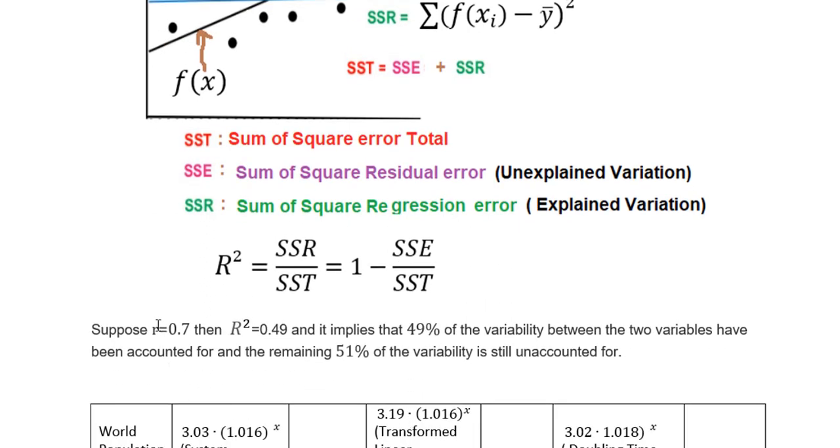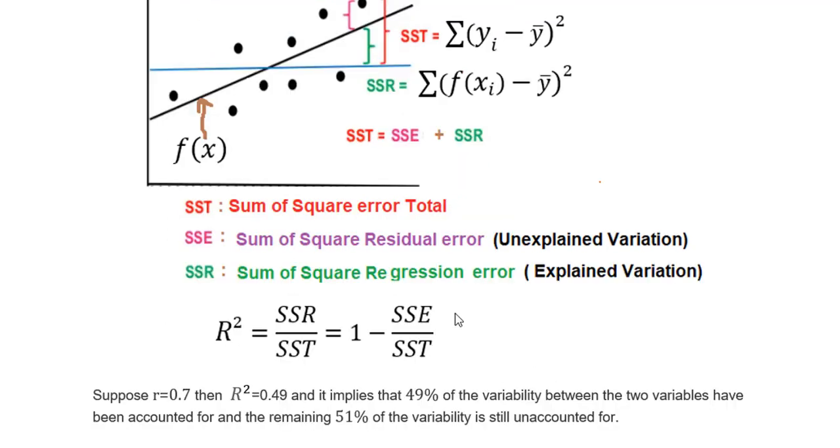When we have a correlation coefficient R equals 0.7, then R squared equals 0.49. And it implies that 49% of the variability between the two variables has been accounted for, and the remaining 51% of the variability is still unaccounted for.